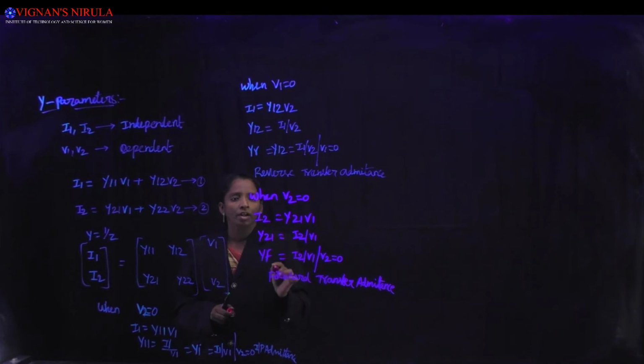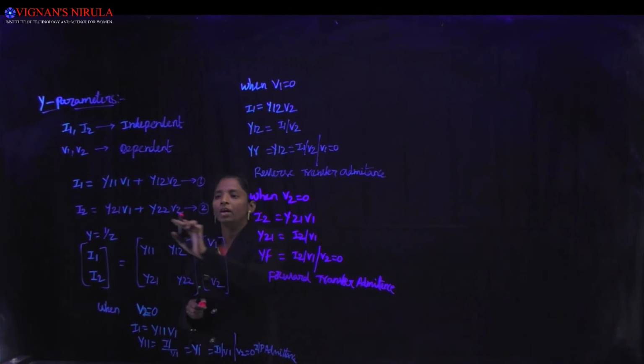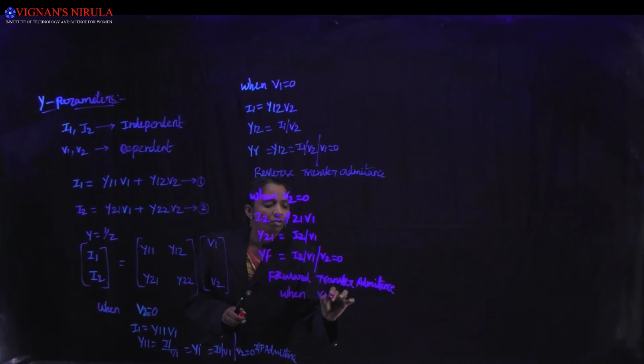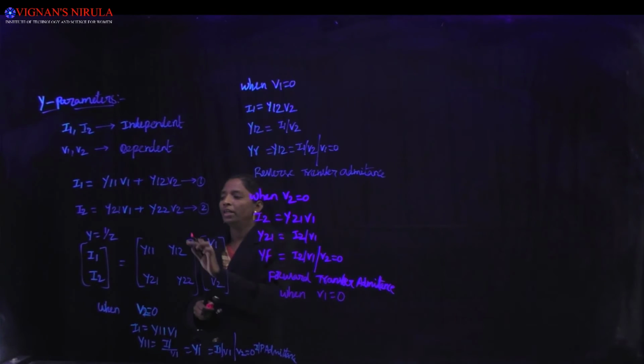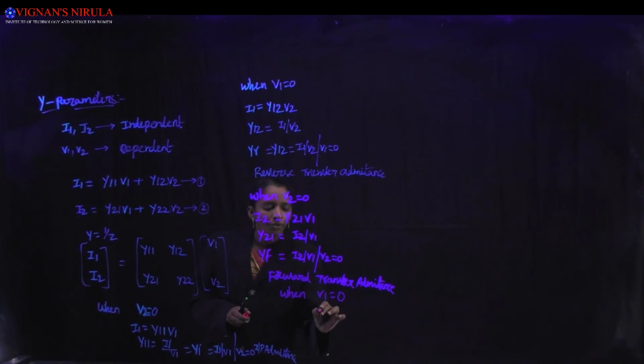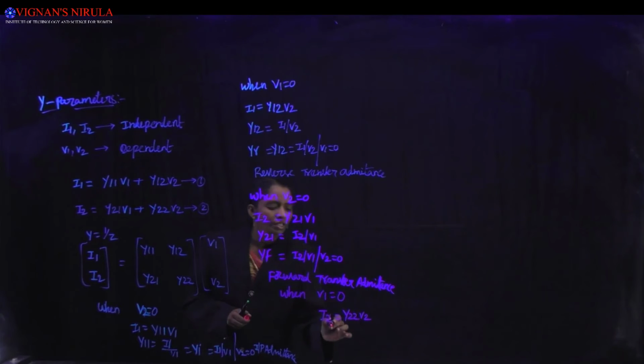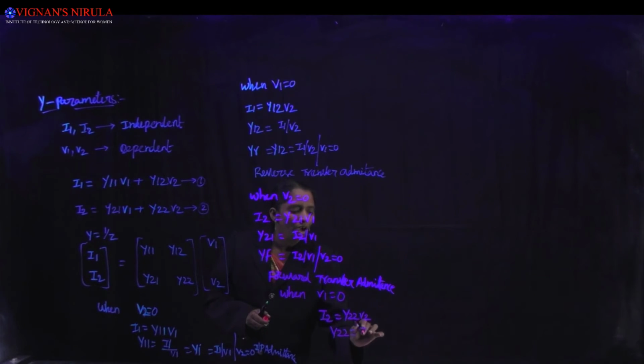Now we are going to calculate Y22. To get the Y22 value, V1 should be 0. At that time we have the equation I2 equal to Y22 V2. From this equation, Y22 equal to I2 divided by V2.